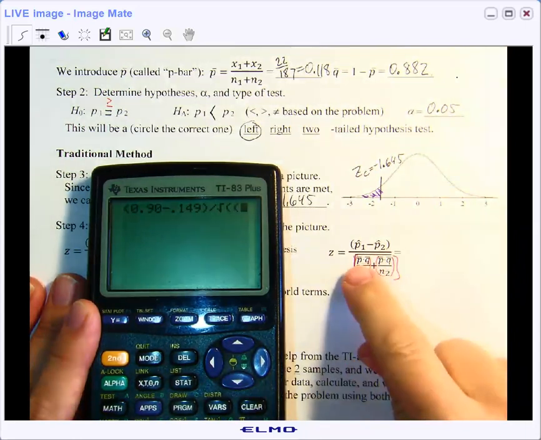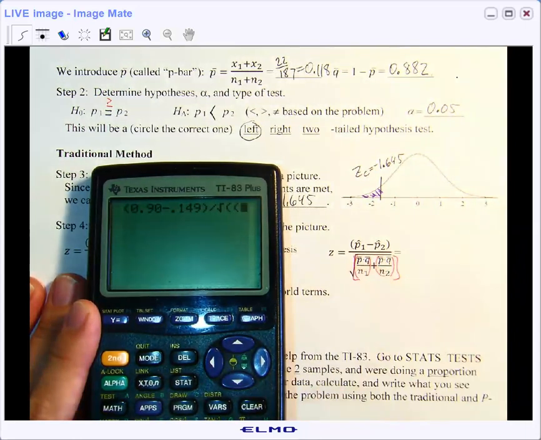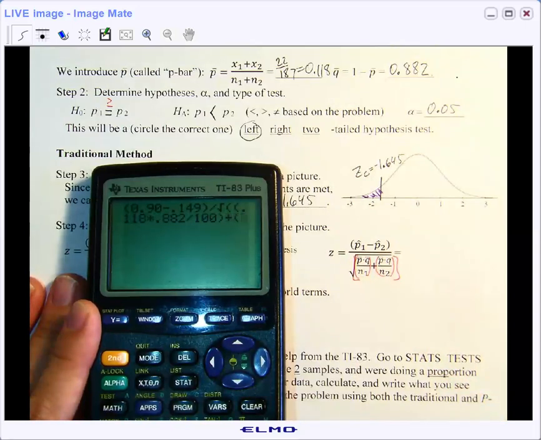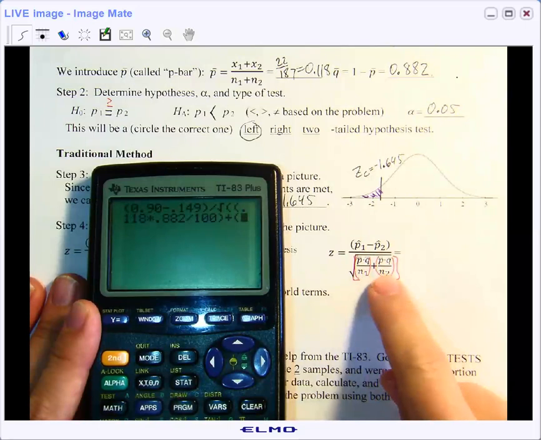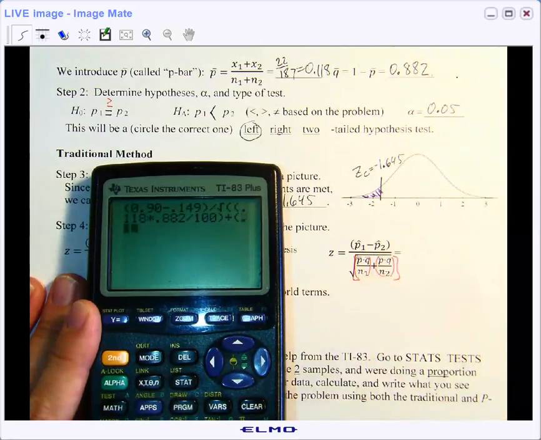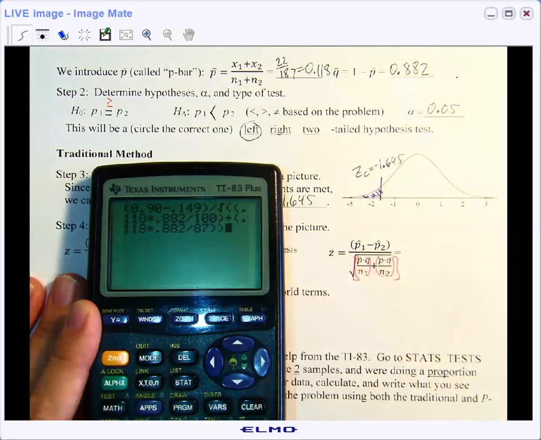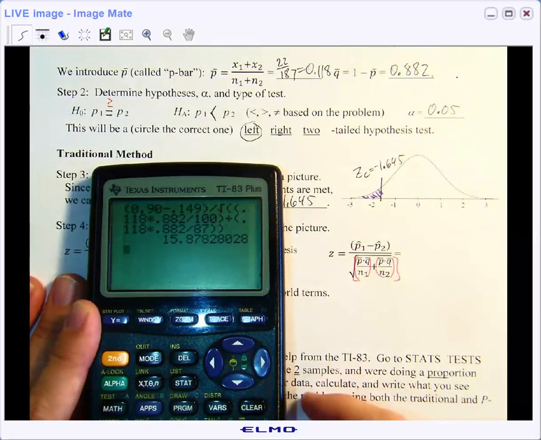So P bar times Q bar, so that would be 0.118 times 0.882 divided by N1, which was 100. Now that closes just the first piece, plus P bar times Q bar over N2, which would be 0.118 times 0.882 divided by N2, which was 87. We'll close that piece. Now let's close the square root.